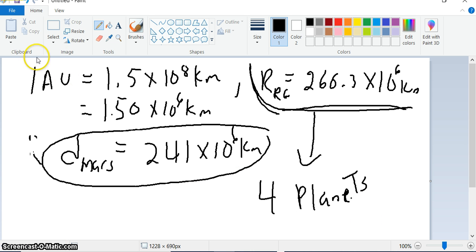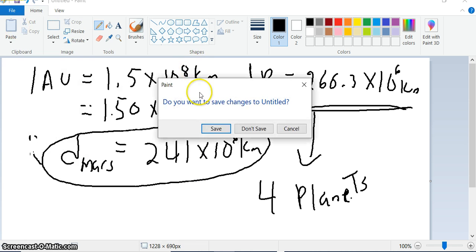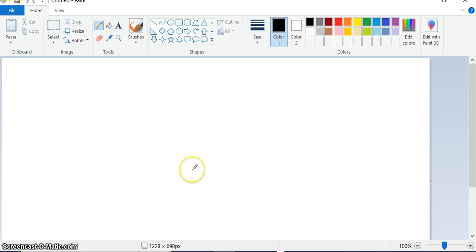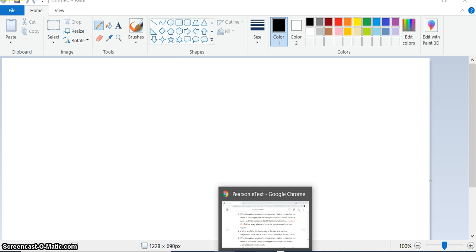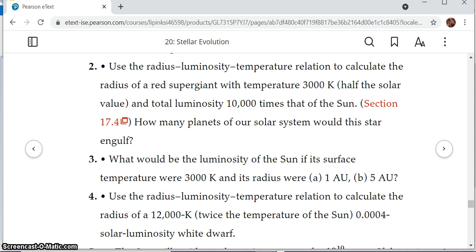Our next one was number 3. Again, we're going to use this formula. What would be the luminosity of the sun if its surface temperature were 3,000 Kelvin and its radius were 1 AU and then 5 AU?